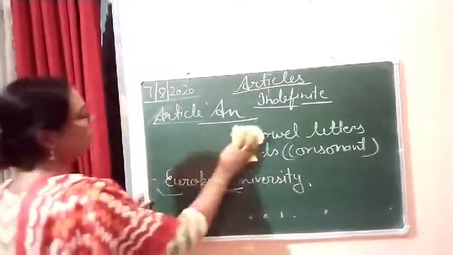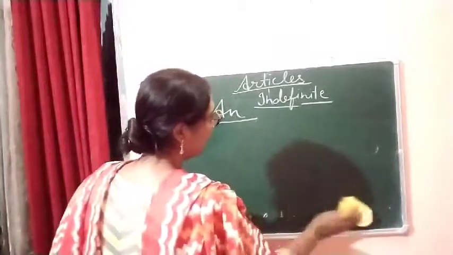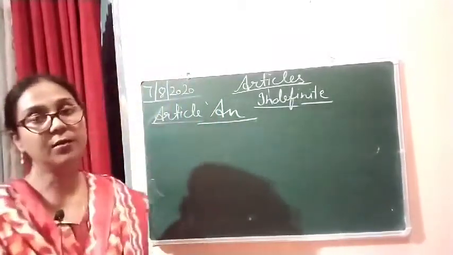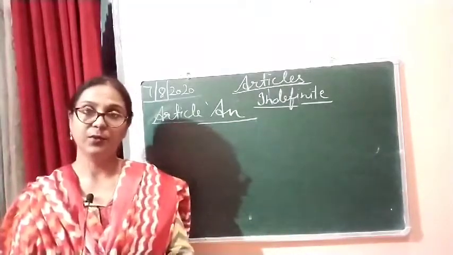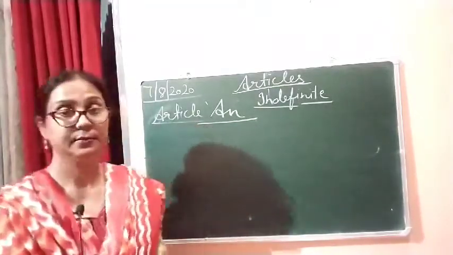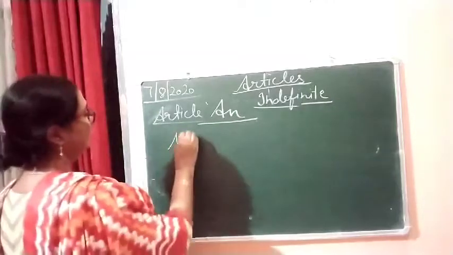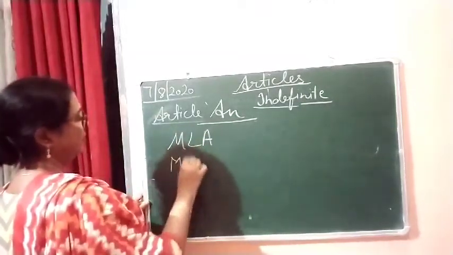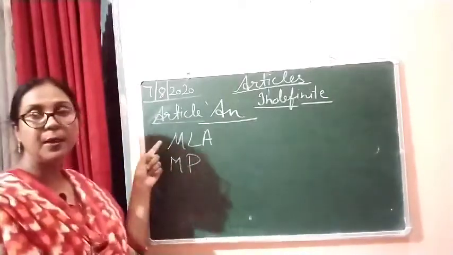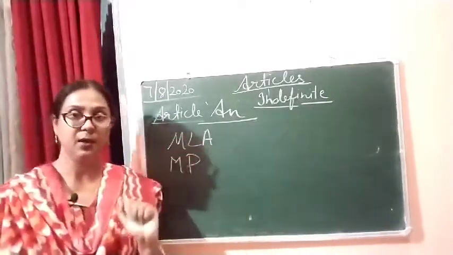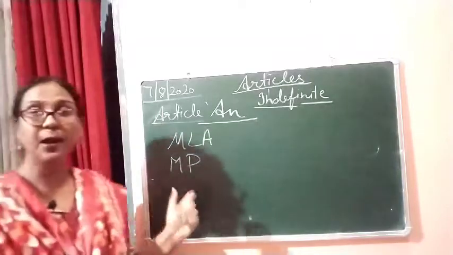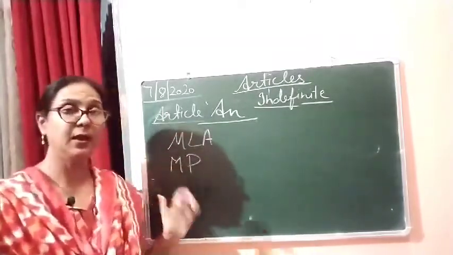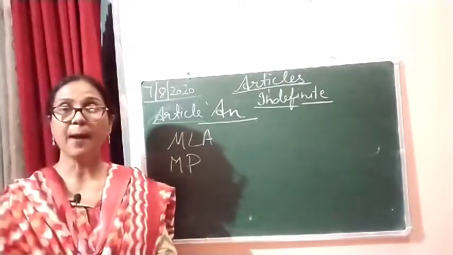Now, if we talk about abbreviations, for some abbreviations we are always supposed to write "an". Here, MLA, member of Legislative Assembly, or MP, member of Parliament. The pronunciation of MLA is "em el ay".